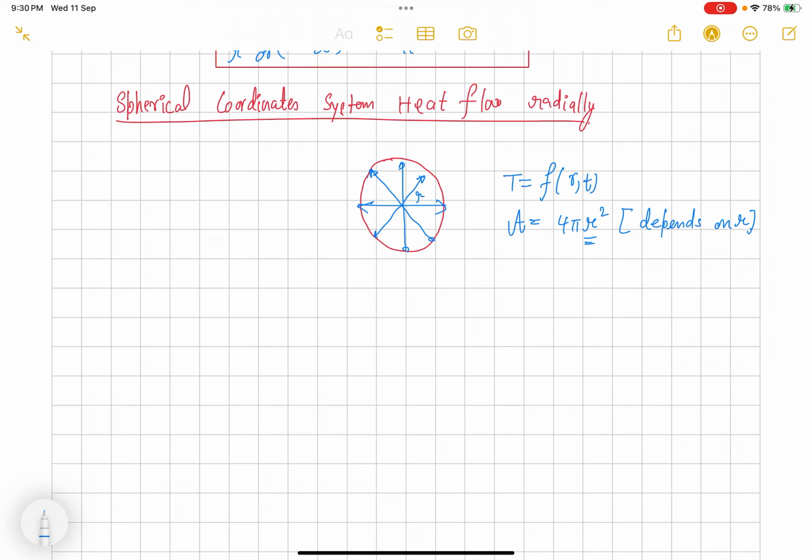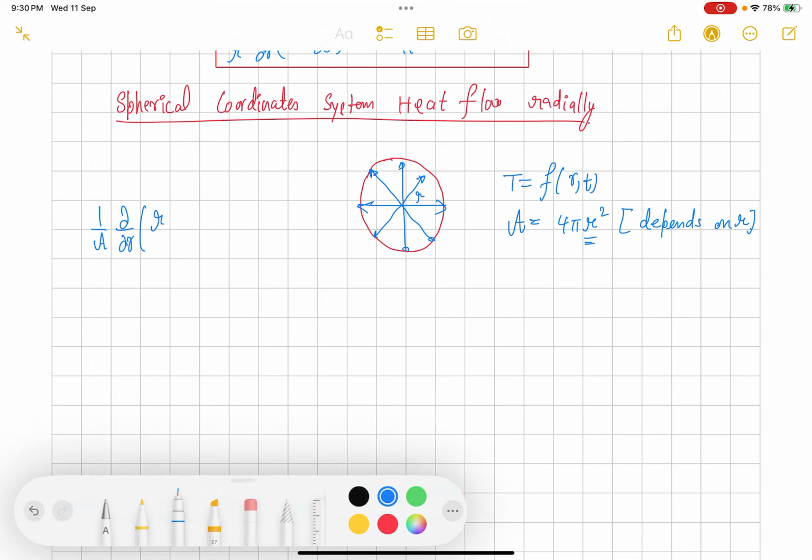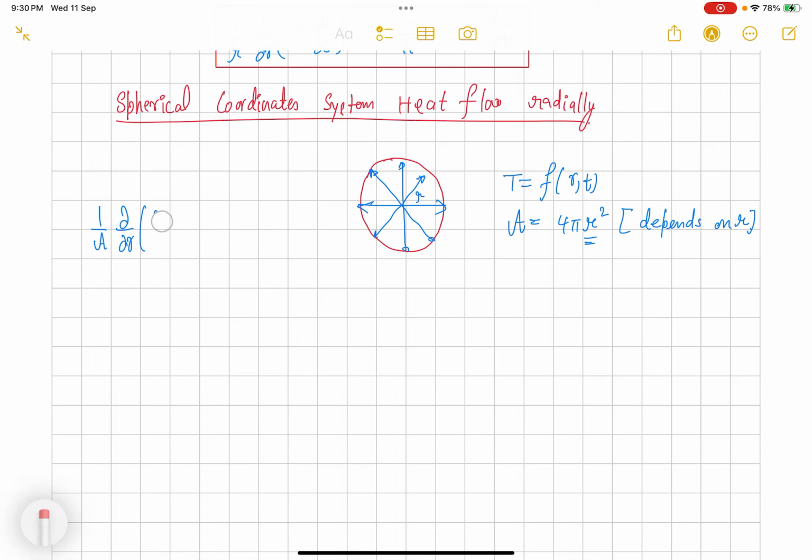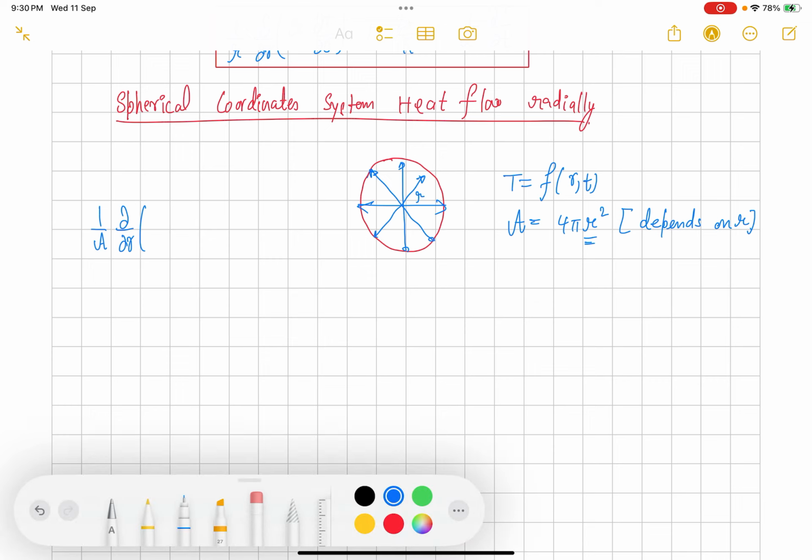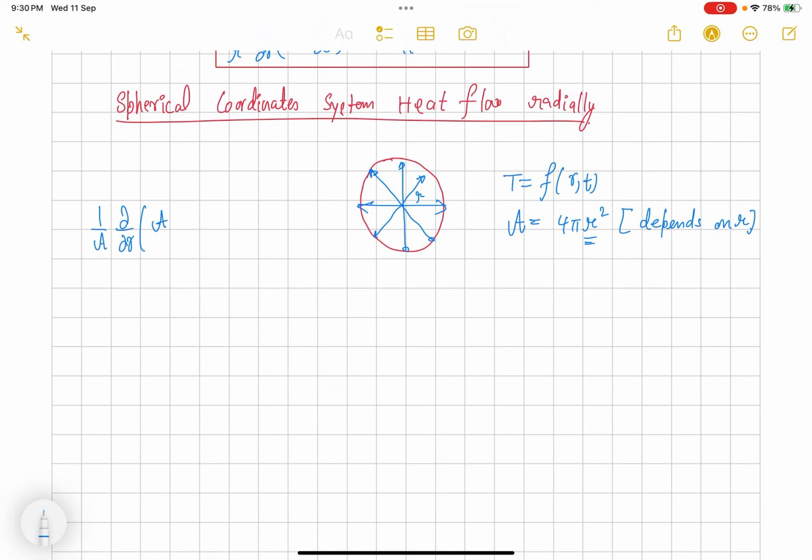So again we can start from the general governing equation: 1 by A del by del r of A times del T by del r plus QG by K is equal to 1 by alpha del T by del t.